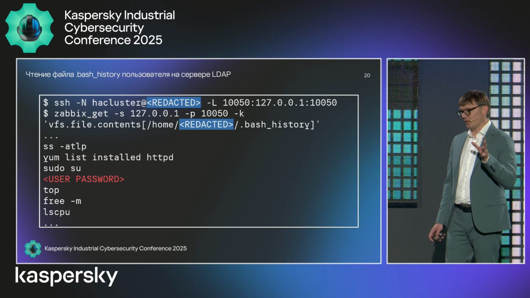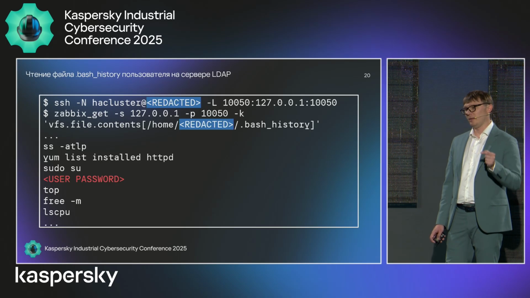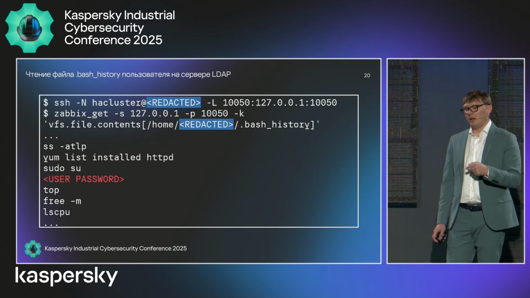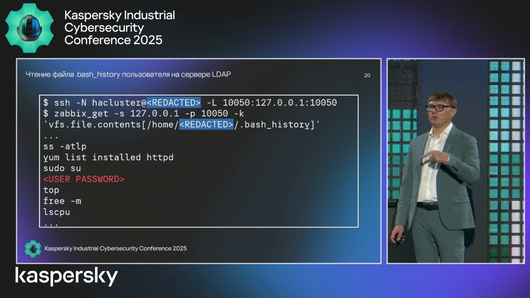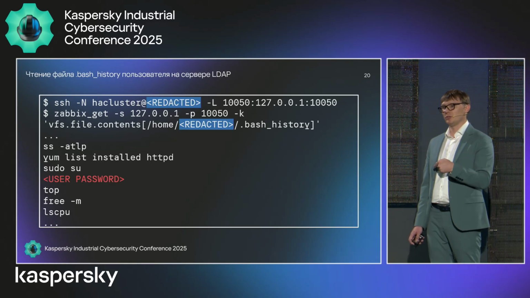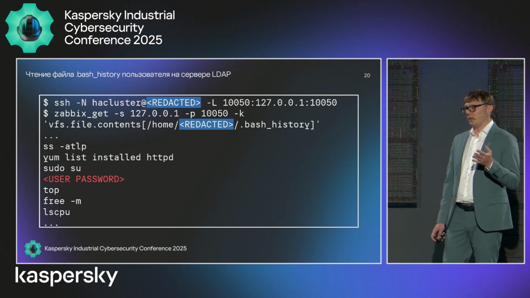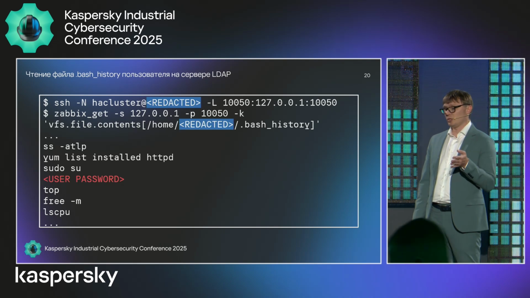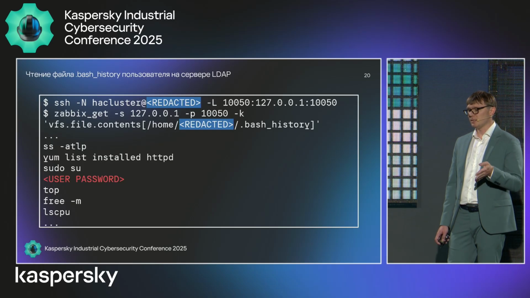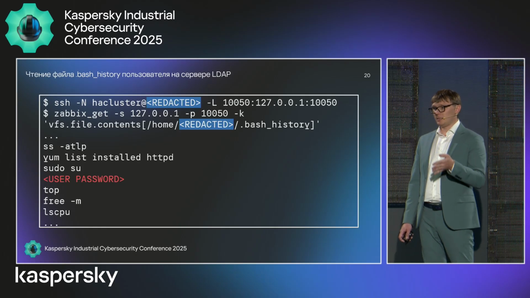After that, we started using the staff functionality, and we organized a tunnel connecting to the Zabbix agent. We started sending remote requests to the Zabbix agent, and it thought they were local requests, and then it handled them.